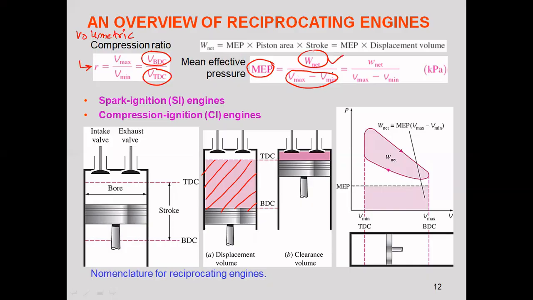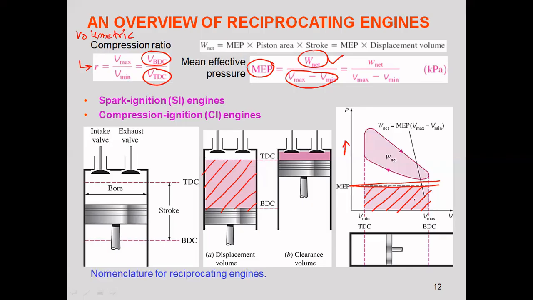So W net is produced actually by a variable pressure, but here we are considering as if a constant pressure would have existed. You see, this is the pressure axis, and this is a constant pressure value. Now if there would have been a constant pressure throughout the process, then this would have produced that value of work, the total work output.